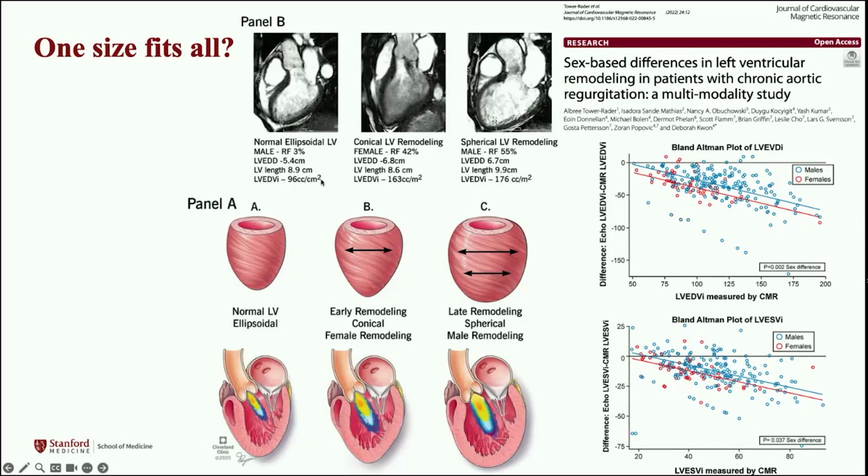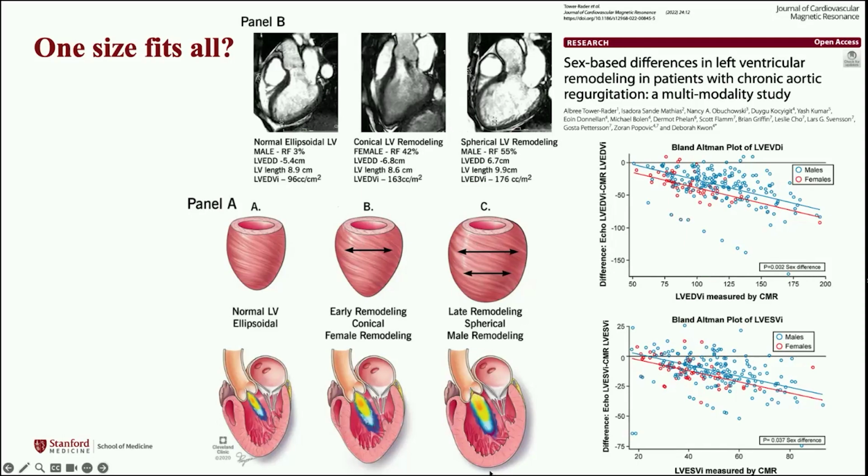You can see that the reason for this is that women achieve what's considered earlier remodeling, this conical remodeling, before we achieve Laplace's law and reduce wall shear stress, and are less able to achieve spherical remodeling to reduce the wall shear stress. And so we get less of the globular elongated ventricle in women, and symptoms earlier because of this.